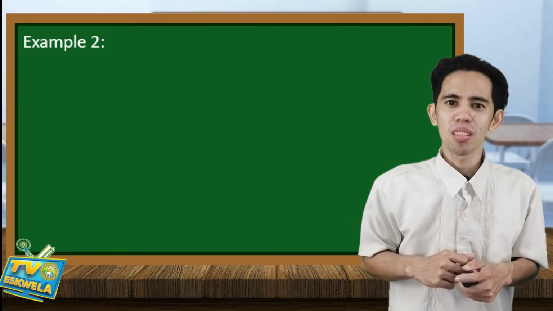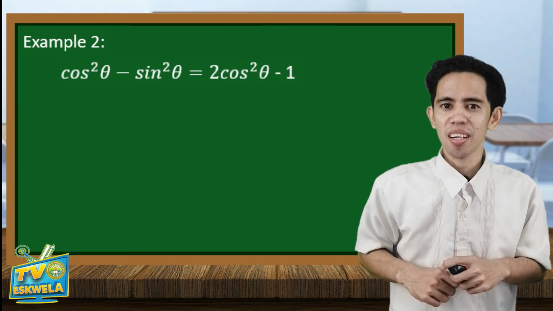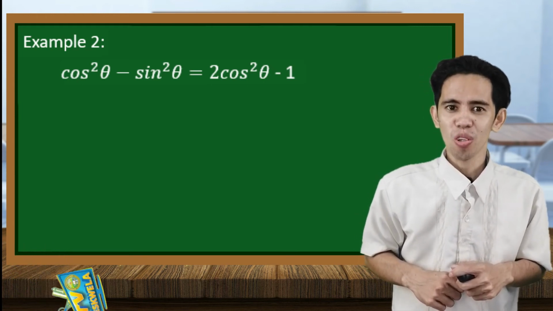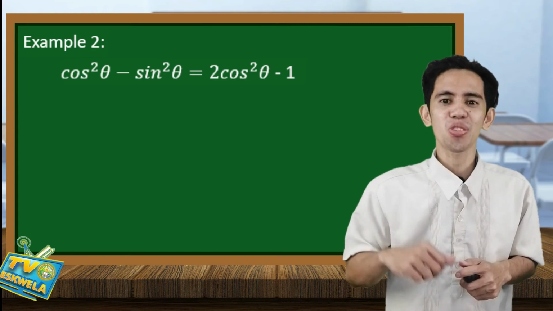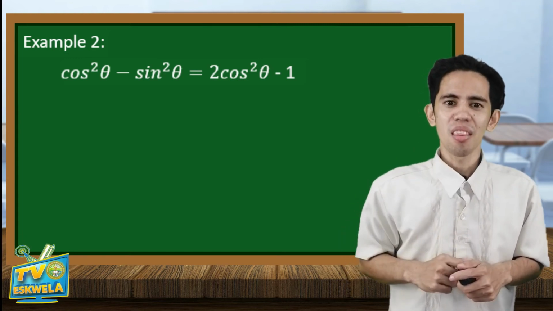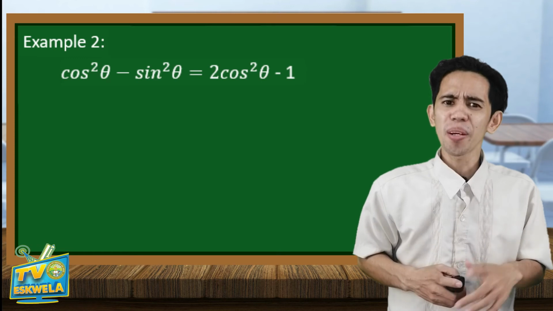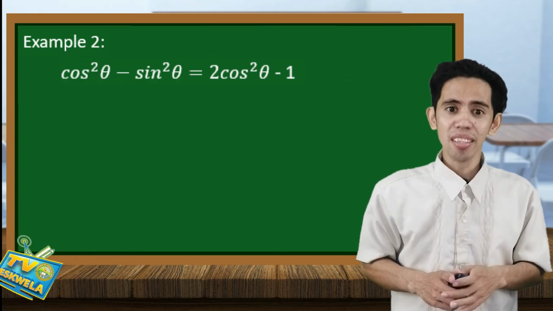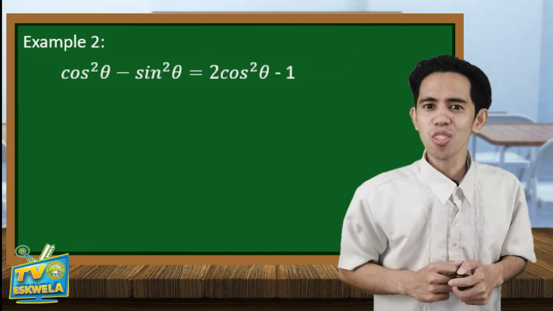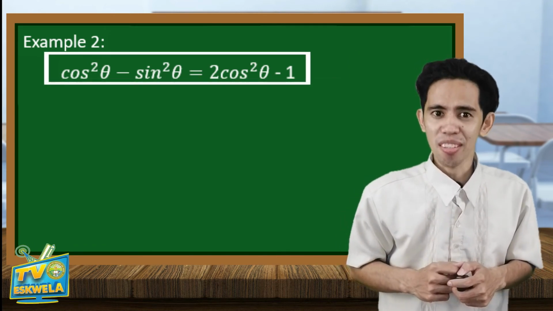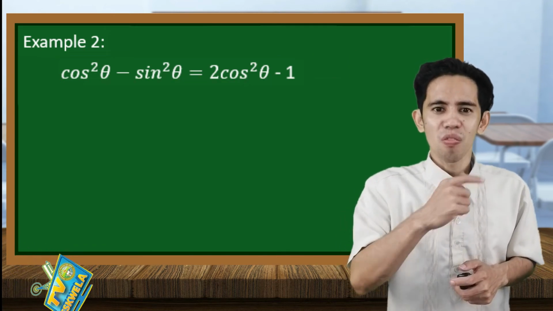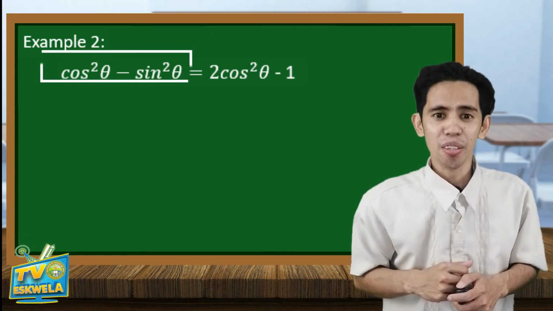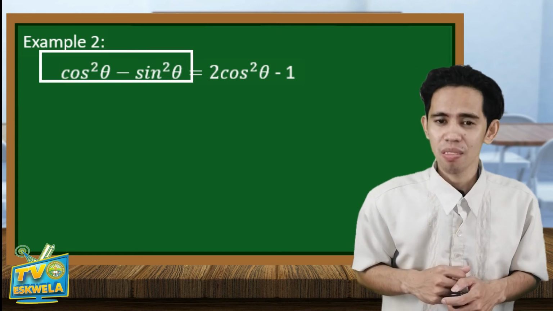The next example is cos squared theta minus sine squared theta is equal to 2 cos squared theta minus 1. In this case, you can manipulate either the left, right, or even both sides of the equation. For my example, I'm going to manipulate the left part of the equation.